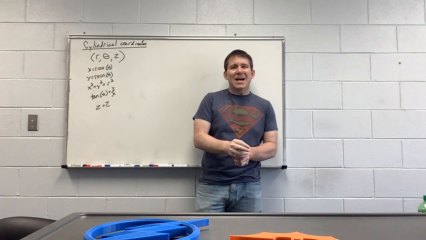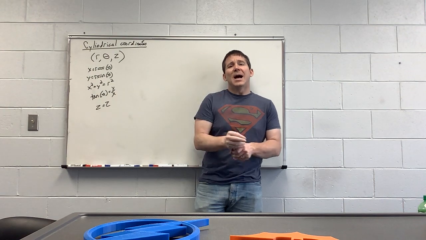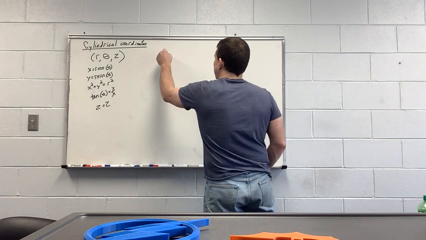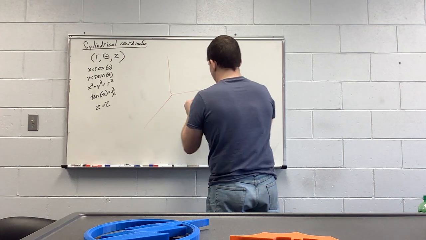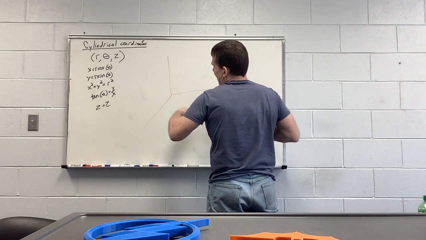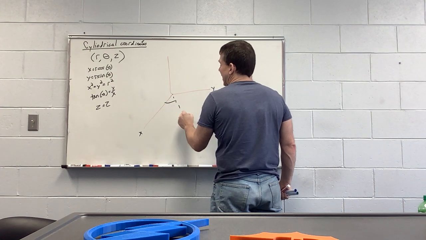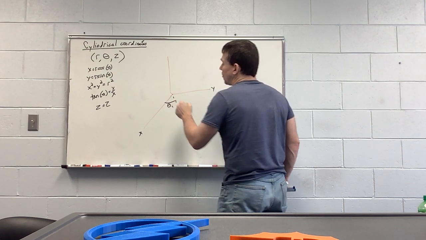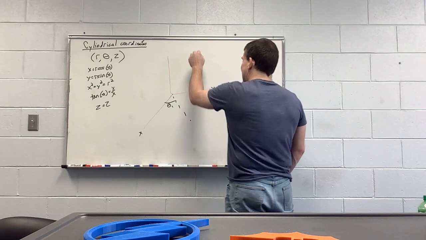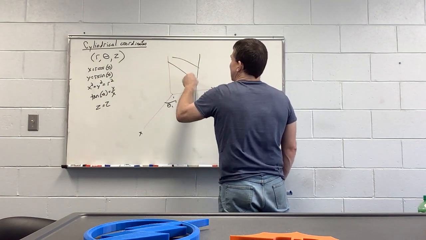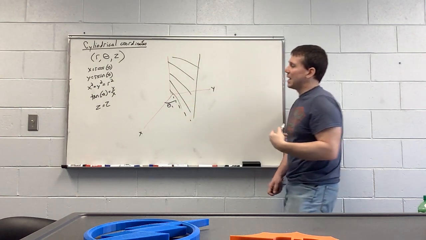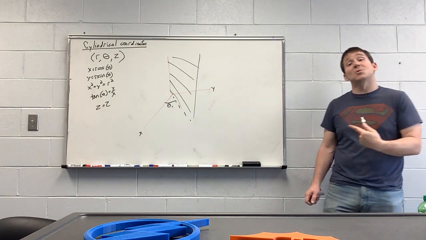If I fix theta, I actually get, this one maybe is a little bit confusing. If I fix theta, this is x and this is y. Maybe I fix theta right here, so we'll call that theta sub 1. Then I get this plane right here, essentially a plane perpendicular to the xy plane.